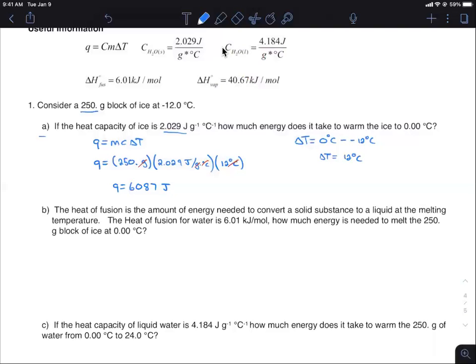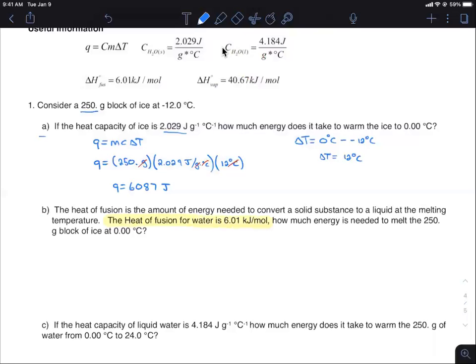In part B, we're now asked how much energy it takes to melt the ice, to turn that block of ice from a solid to a liquid. To answer this, we're given some information, most notably the heat of fusion for water is 6.01 kilojoules per mole. That's the amount of energy it takes to melt a mole of ice.